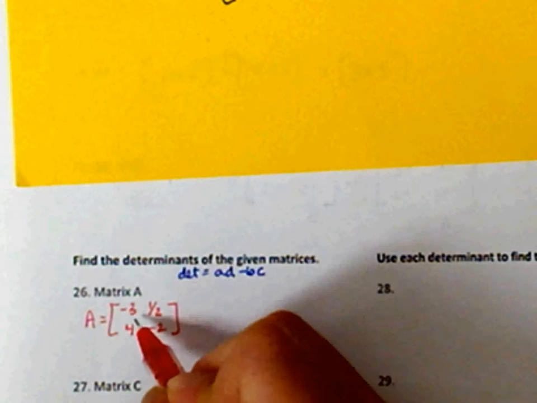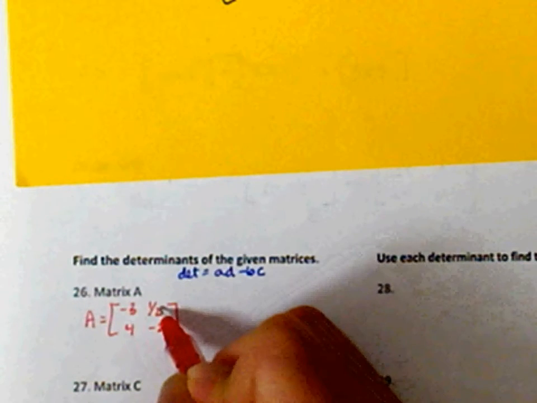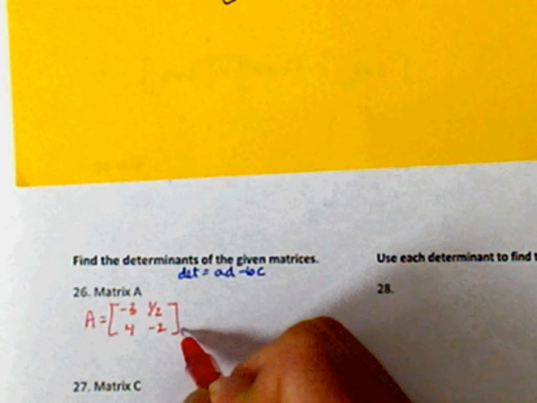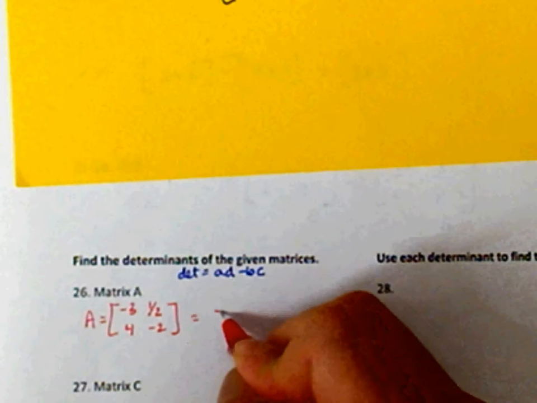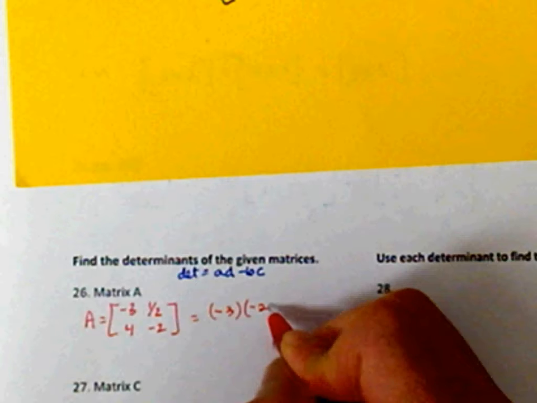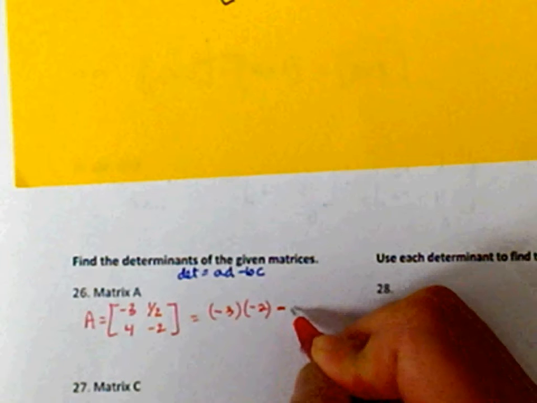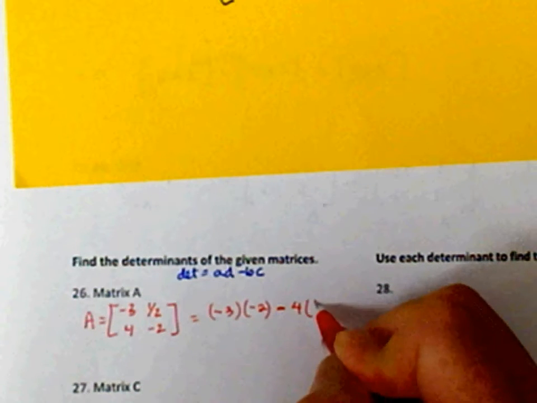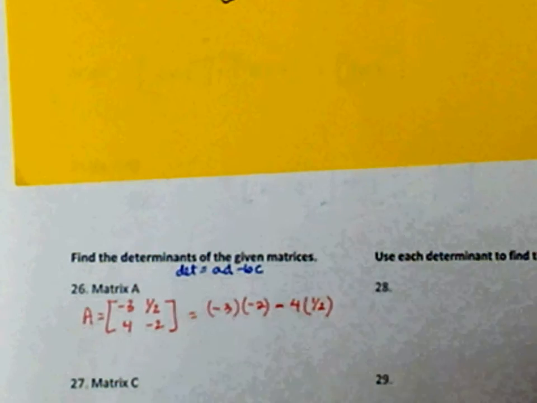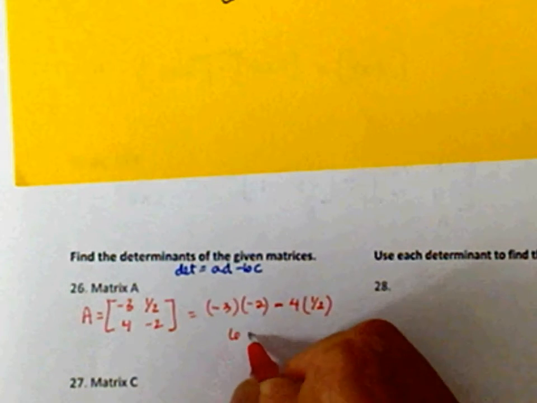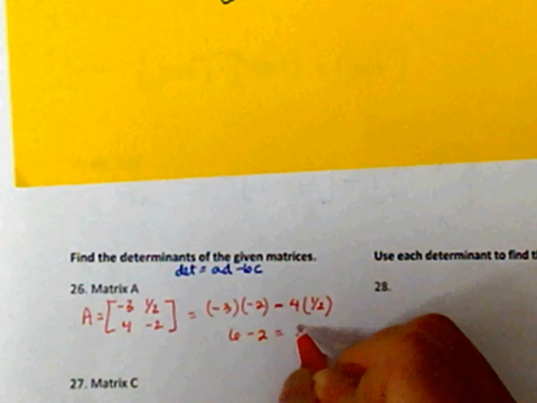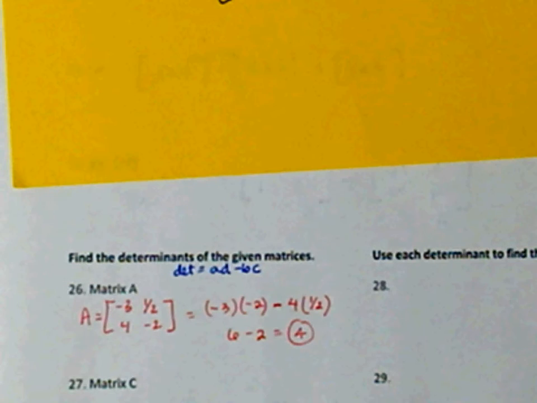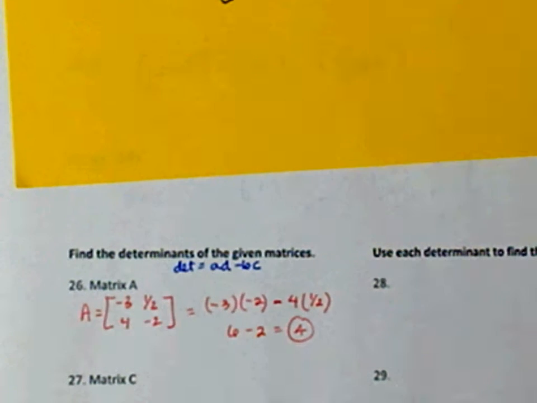To find your determinant, this is your A, this is your B, this is your C, this is your D, okay? So you are going to take negative 3 times negative 2 minus 4 times 1/2. So your determinant is 6 minus 2, which comes out to be 4, and that's your determinant.